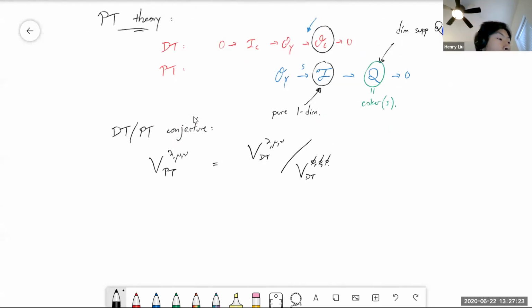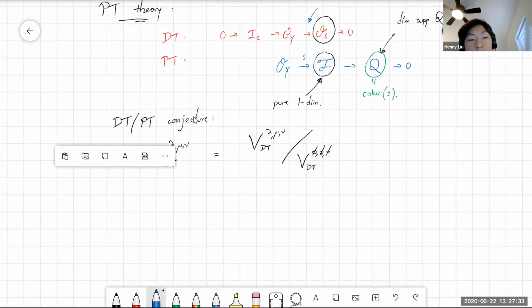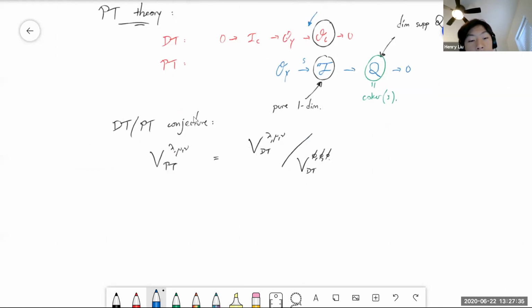Now, before we move on, there's a slightly different way to phrase PT theory, which will be important for us slightly later, which is that the passage from DT to PT theory, you can think of it as some kind of wall crossing.